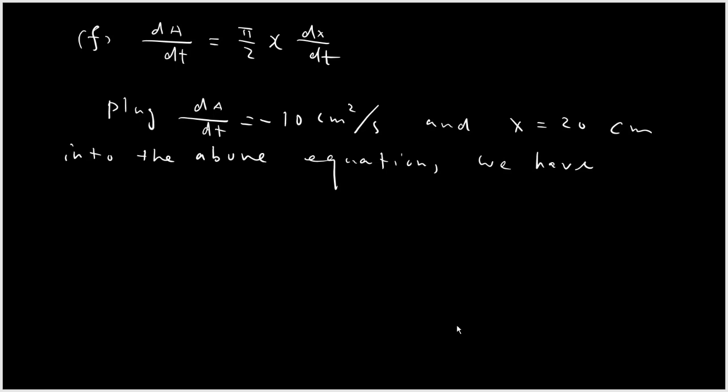We have dA over dt, which is -10. Wherever you see dA, the rate of change of A, you replace that with -10, and then you have half pi, and then times x. The x value is 20, right? And then you have the rate of change of x.